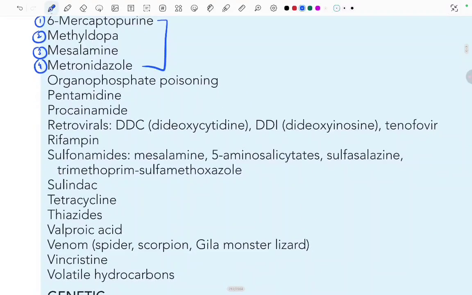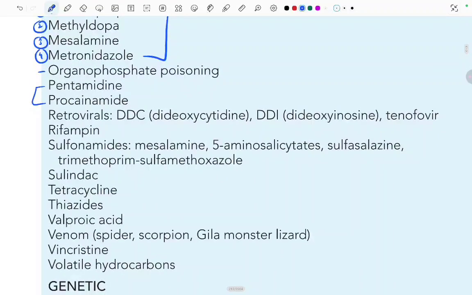Now coming to organophosphate, pentamidine and procainamide. Retroviral drugs also can cause it, like DDC, dideoxycytidine, DDI, dideoxyinosine, and tenofovir, rifampin, sulfonamides and sulindac.